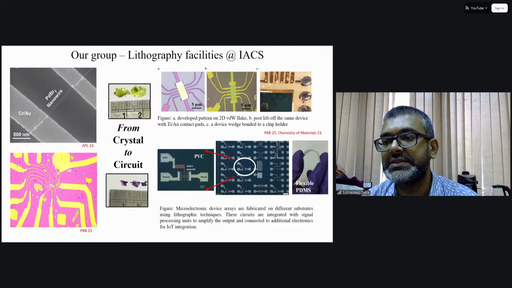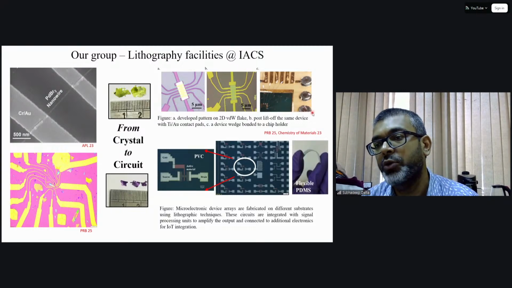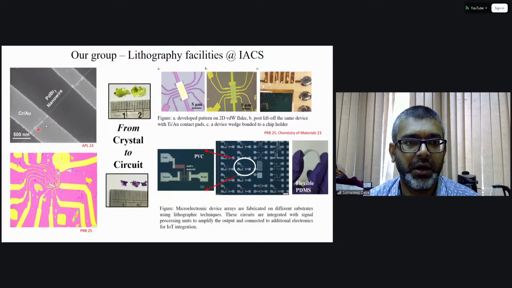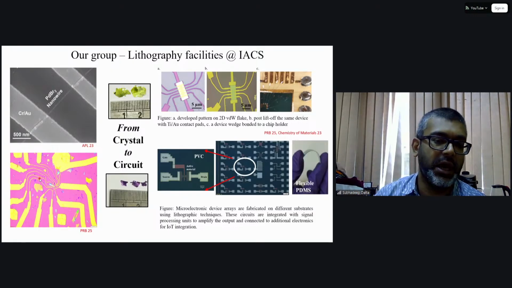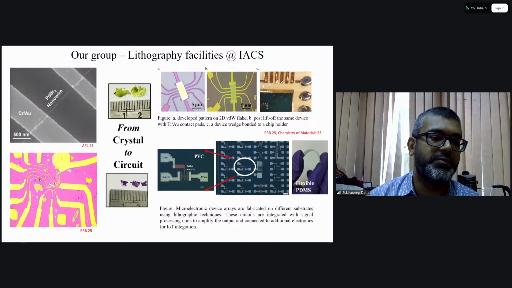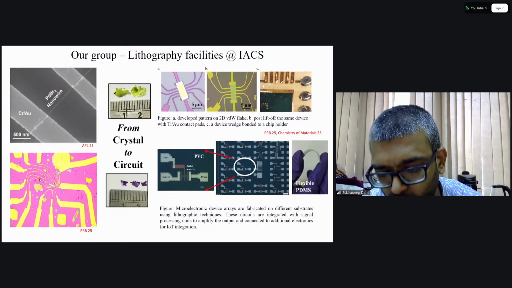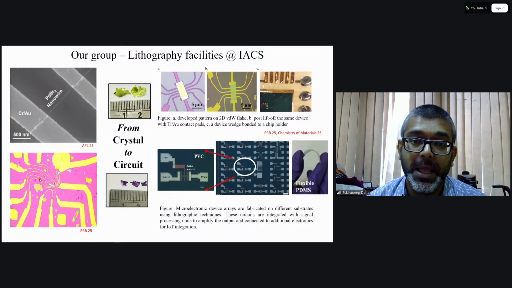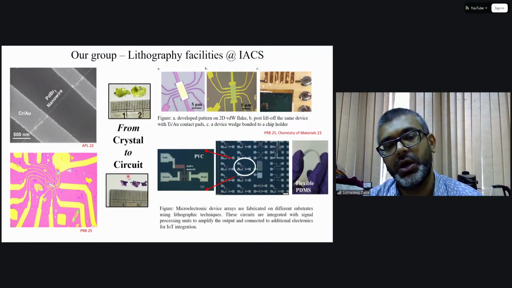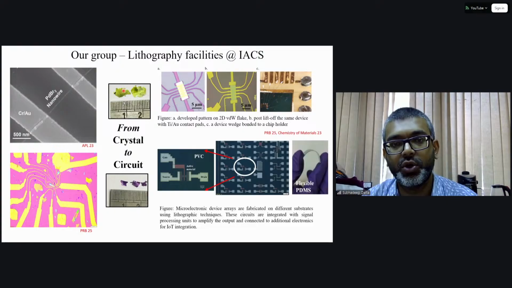These aluminum wires, which you can see from here, will be connecting your chip to the meters. And there are examples of 1D circuits and 2D circuits. It's not only 2 or 4 probes we measure. We can measure 4, 6, 8, 10 probes, with channel lengths currently of the order of 200 nanometer to 1 micron. So as I say, our lab works from crystal to circuit. We can grow crystals and we can create circuits on different platforms.